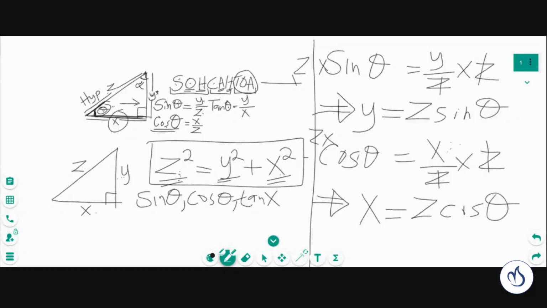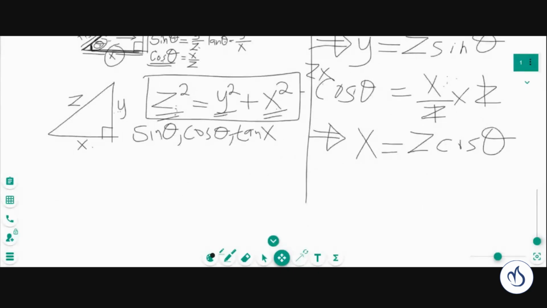We are about to reach where we are going. We are actually deriving one of the identities in trigonometry, and then we would start the topic of trig. So we are still in preamble.